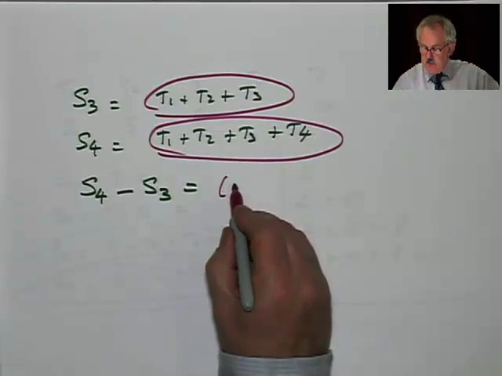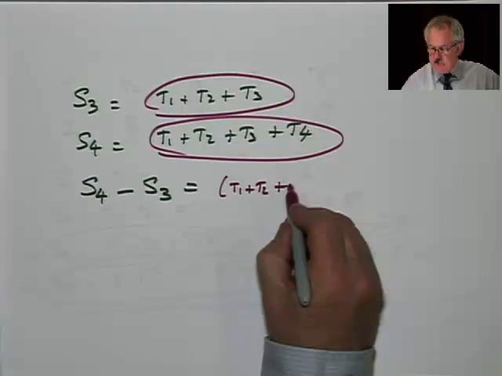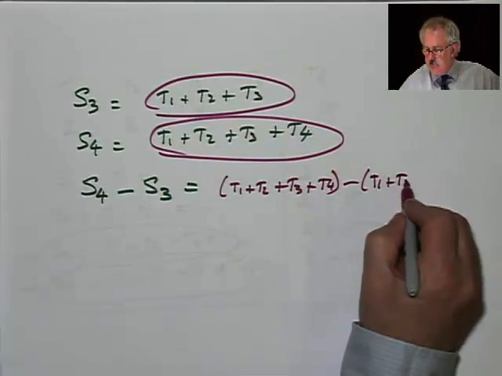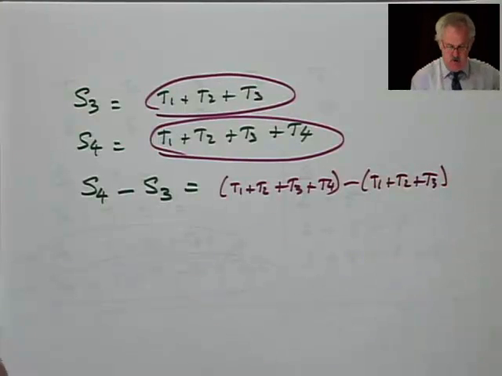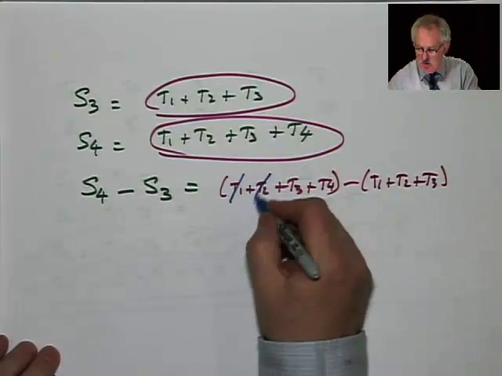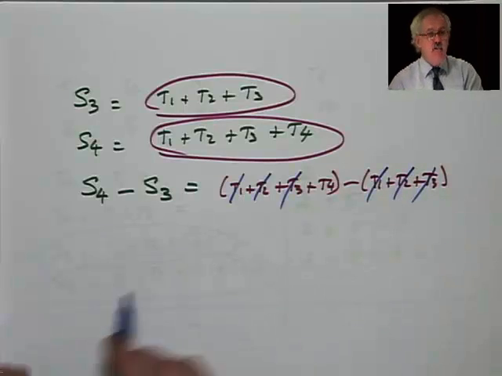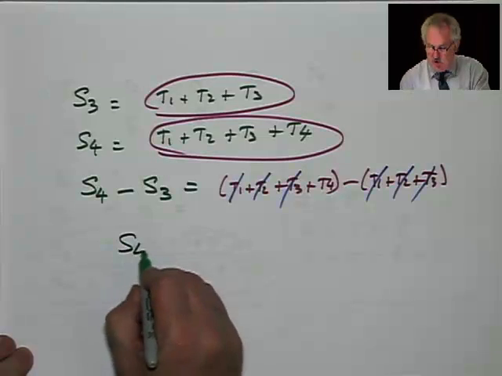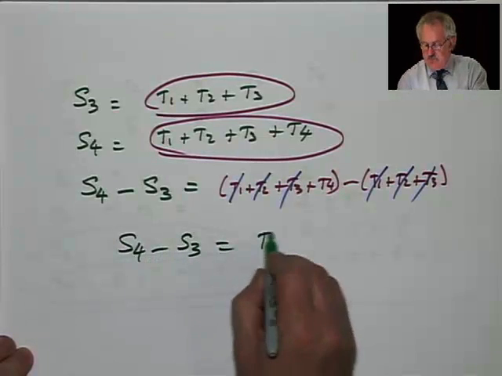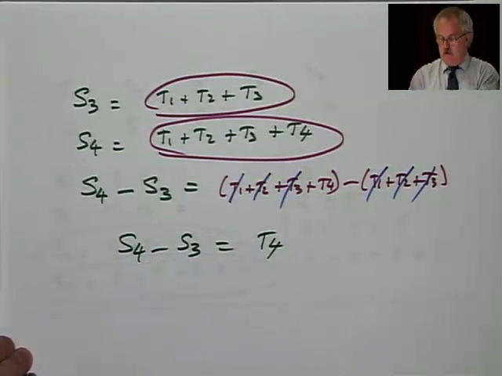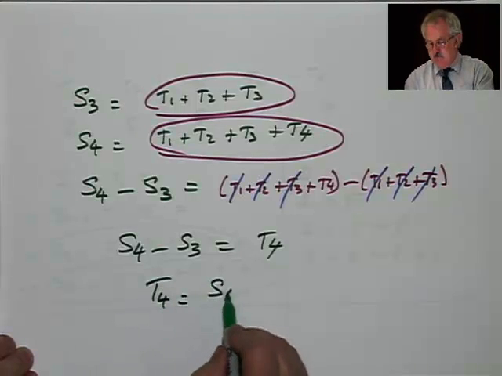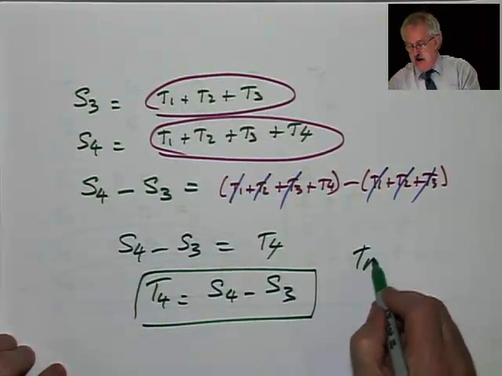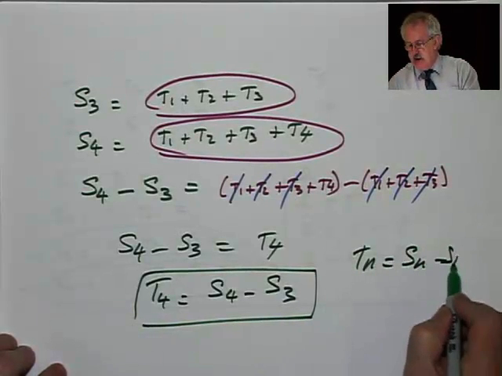I would get T1 plus T2 plus T3 plus T4 minus T1 plus T2 plus T3. These would all cancel. And I get S4 minus S3 is T4. Or T4 is equal to S4 minus S3. Or more generally, Tn is equal to Sn minus Sn minus 1.